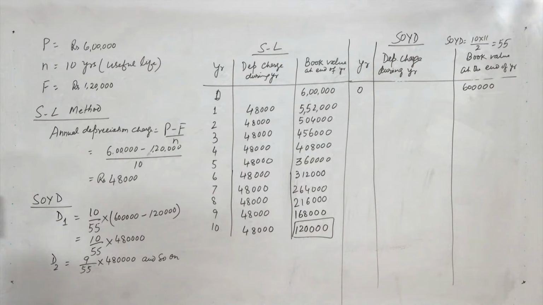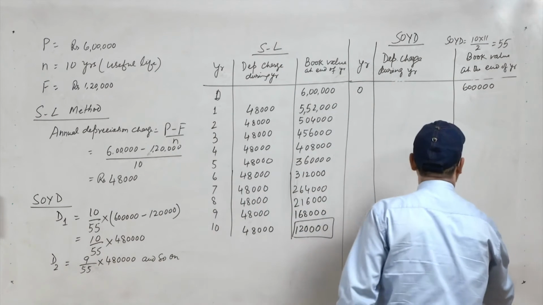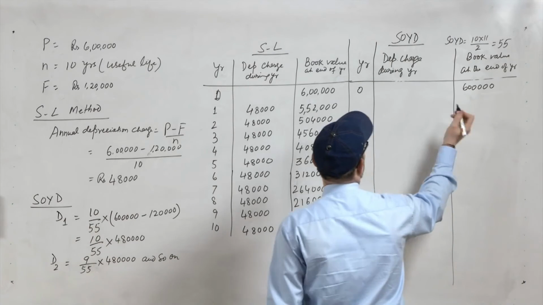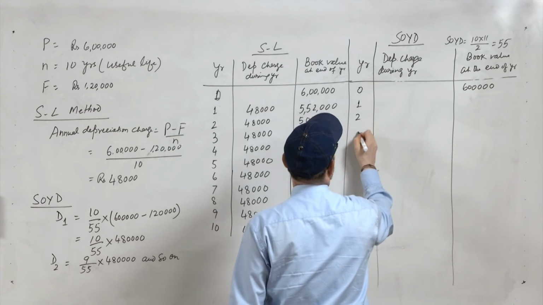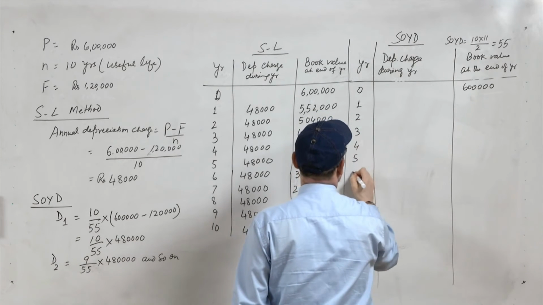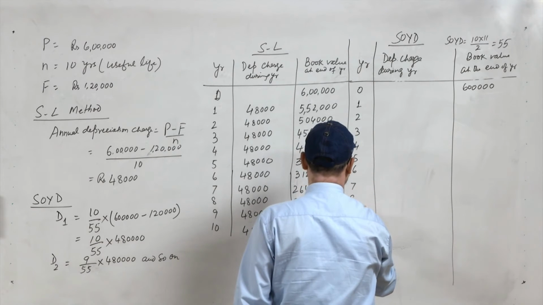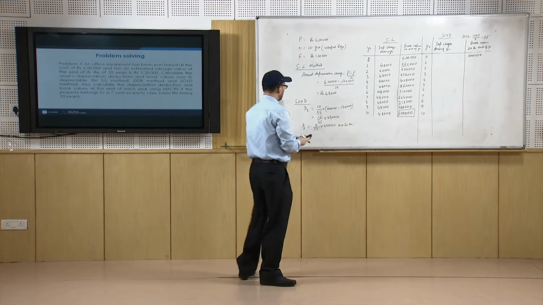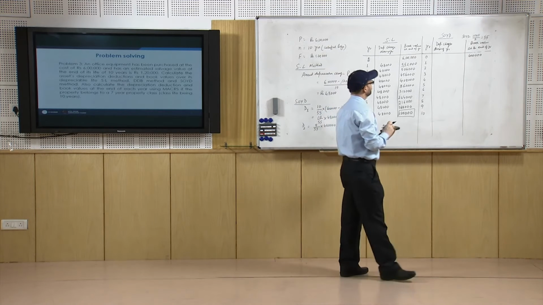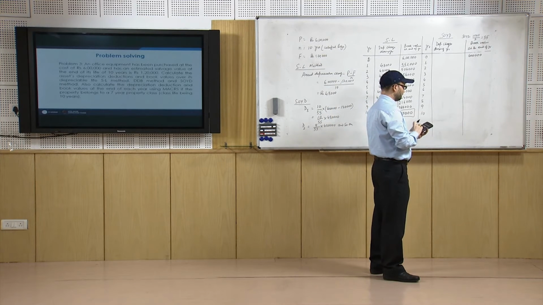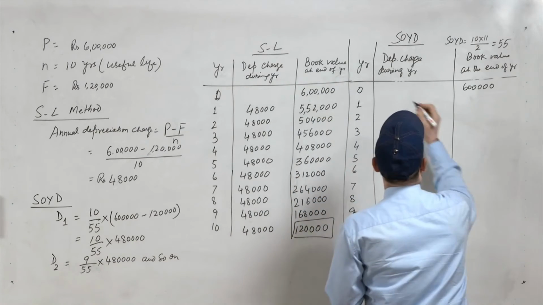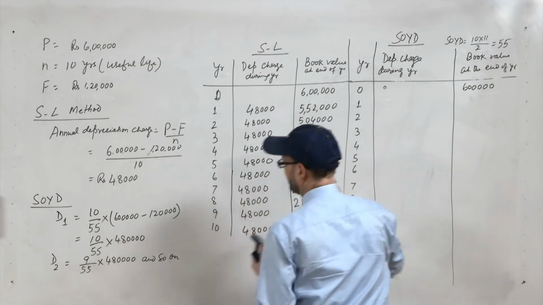Ultimately you will have the book value at the end of the 10th year as 1,20,000. The first year depreciation is 87,272.72.